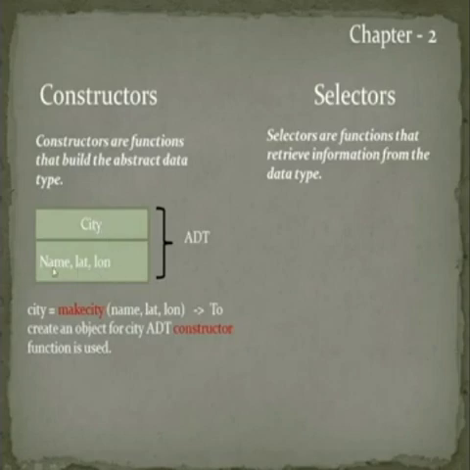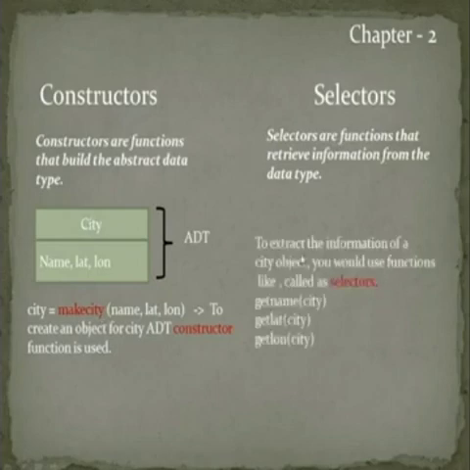That is the name of the city, latitude of the city, longitude of the city. City equals make city of name, latitude, longitude. To create an object for the city ADT, a constructor function is used. Here make city is a constructor and it is defined to create the object.